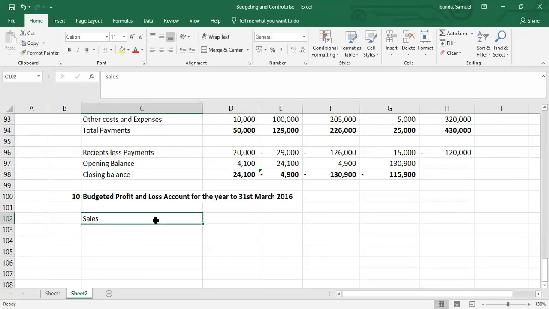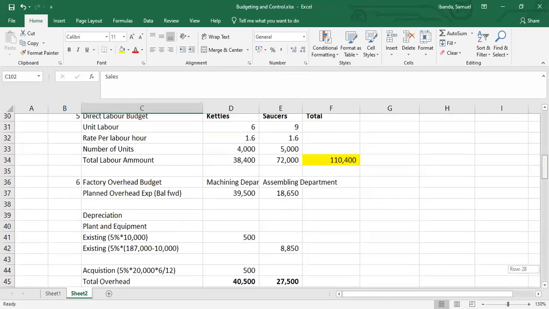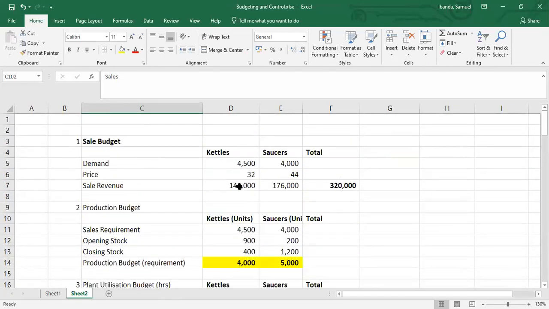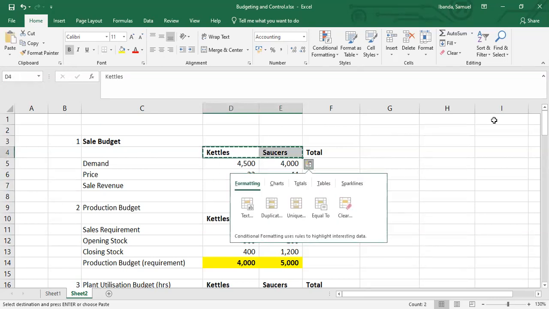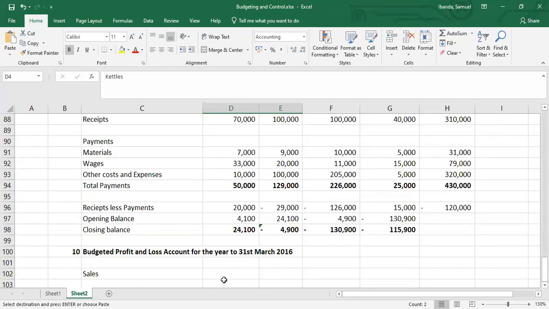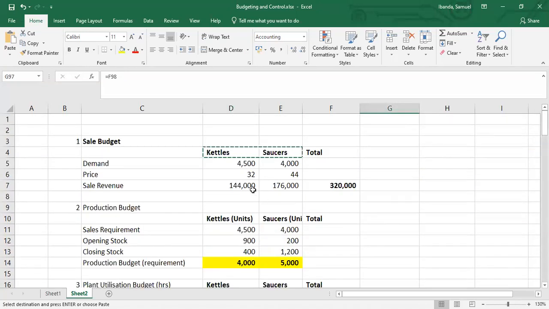What is our sales? Now, remember, we had what we regarded as our sales budget. You see what we had? We had kettles, 144, and then we had 176 for saucers. So I'll just put the headings as well, to show the breakdown. If I have my kettles and saucers, I'll bring this 144 and 176 in as part of my sales budget.